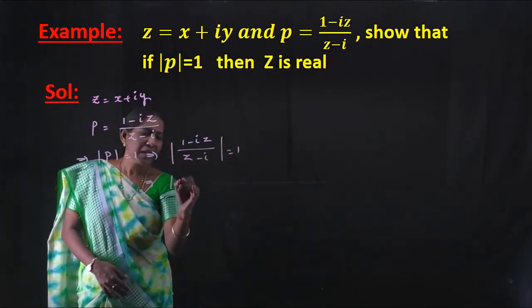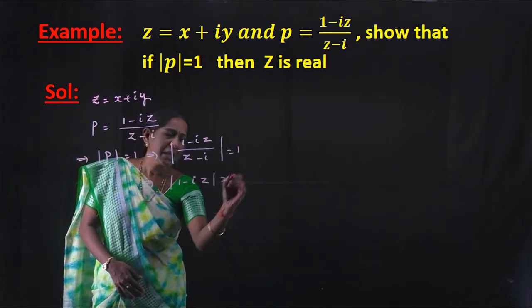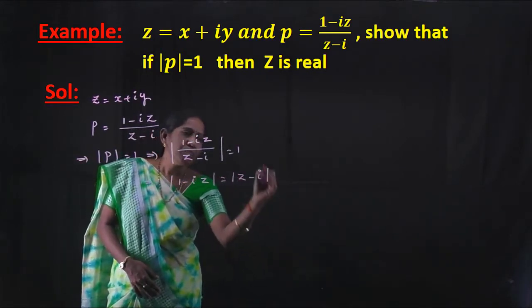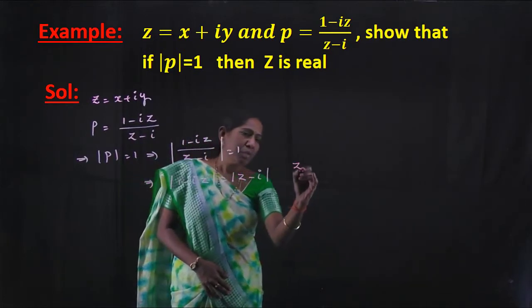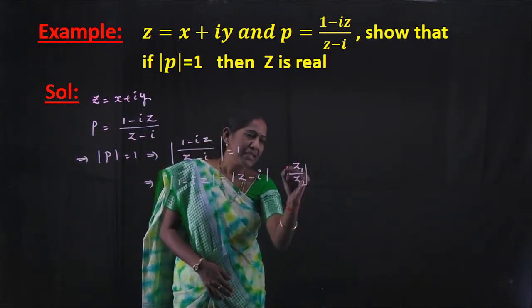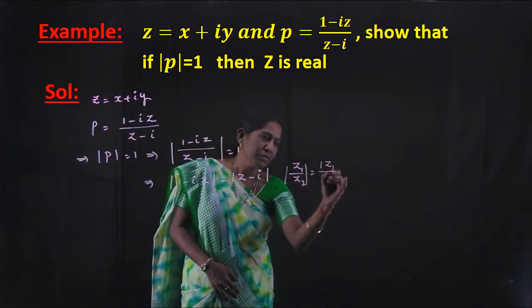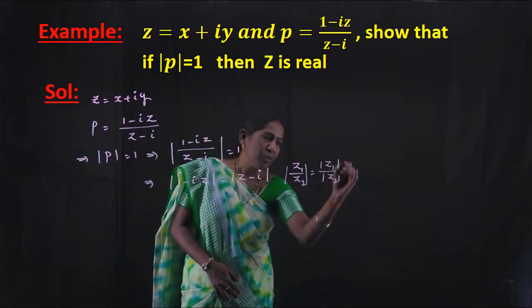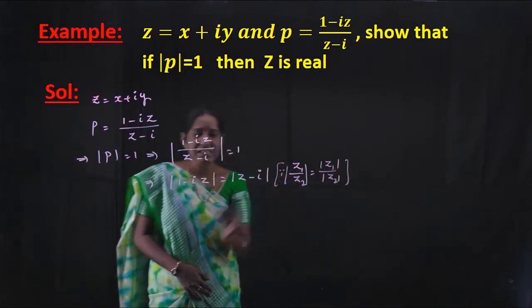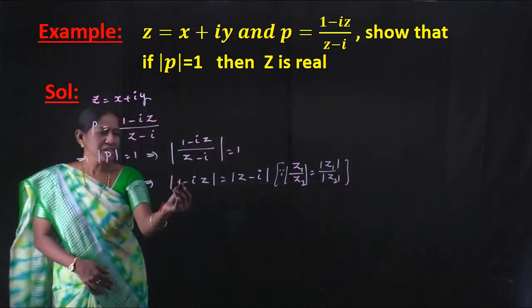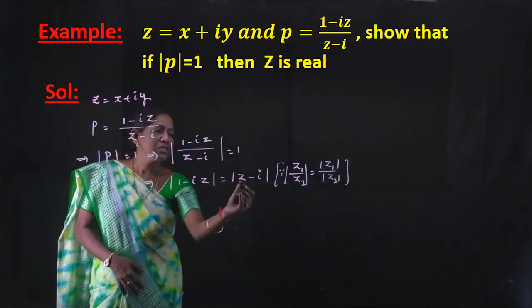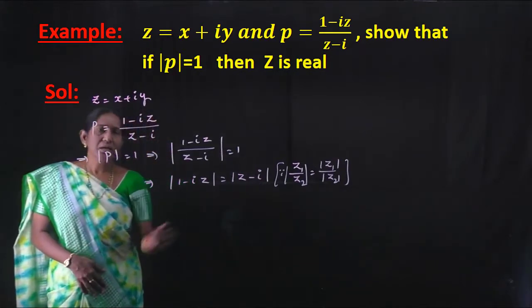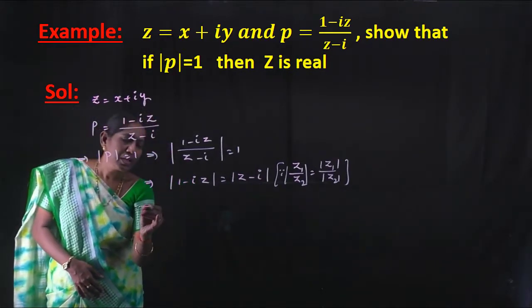So this implies modulus of (1 minus iZ) is equal to modulus of (Z minus i). Already we know the property modulus of Z1 by Z2 is equal to mod Z1 by mod Z2. So by using this property, we can write modulus of (1 minus iZ) equal to modulus of (Z minus i), and also given Z equal to x plus iy.